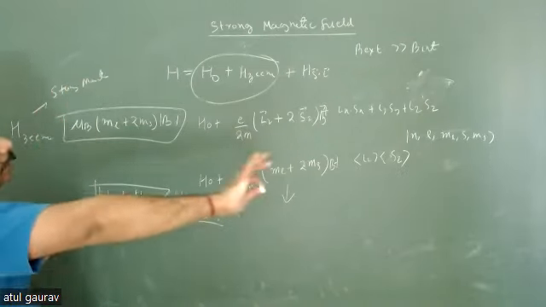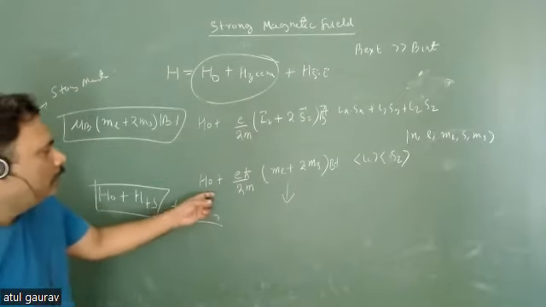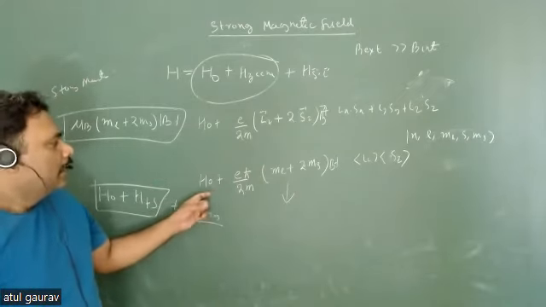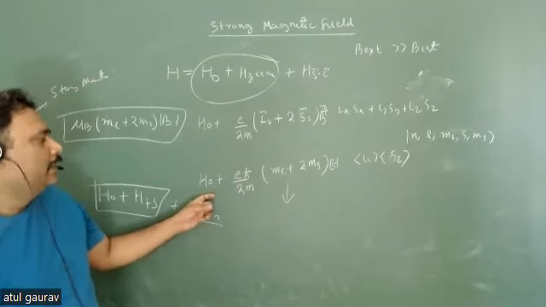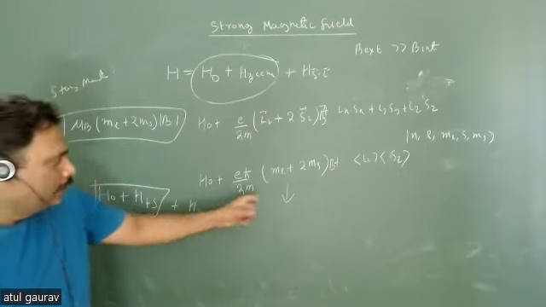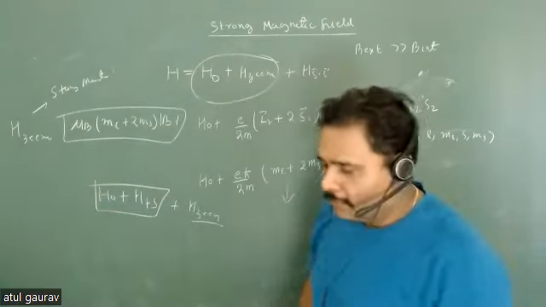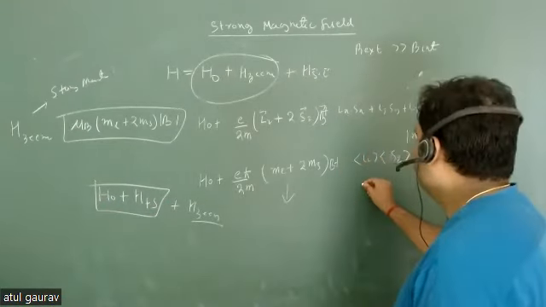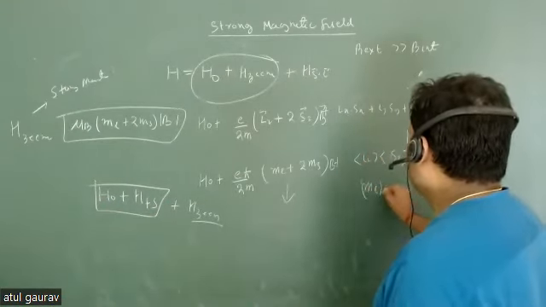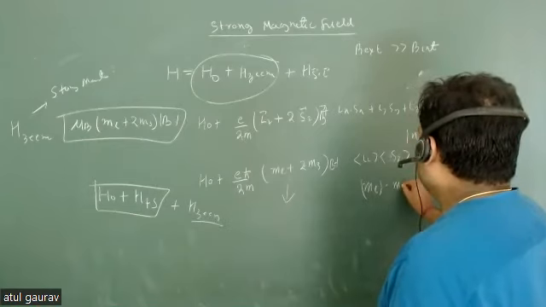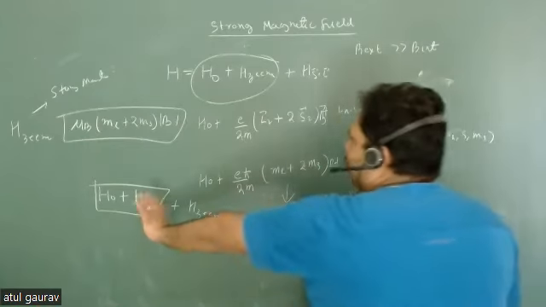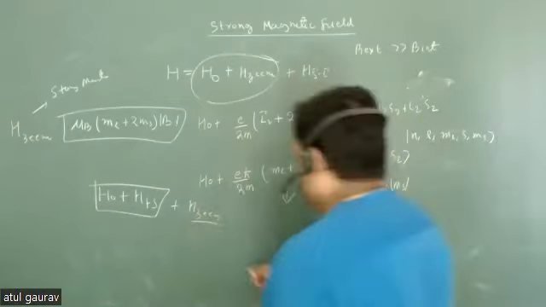But if you talk about the total Hamiltonian, what is this particular thing now? -13.6 by n square. Okay, and you can find ml and ms. And what is this Lz? Lz is ml. And what is this Sz? That is ms. If you find the complete answer, then this will be your answer.